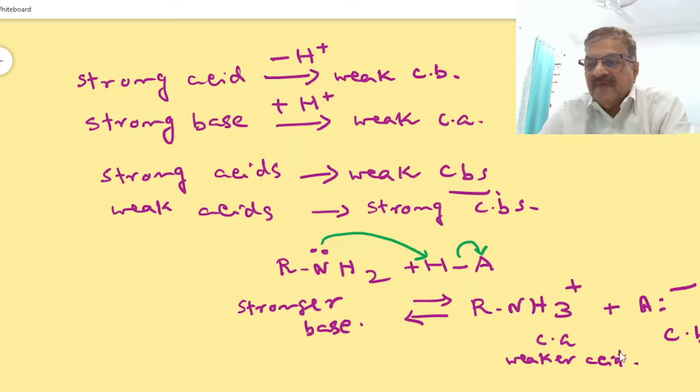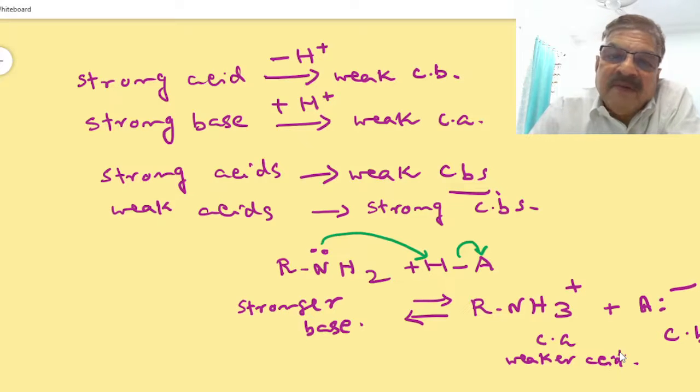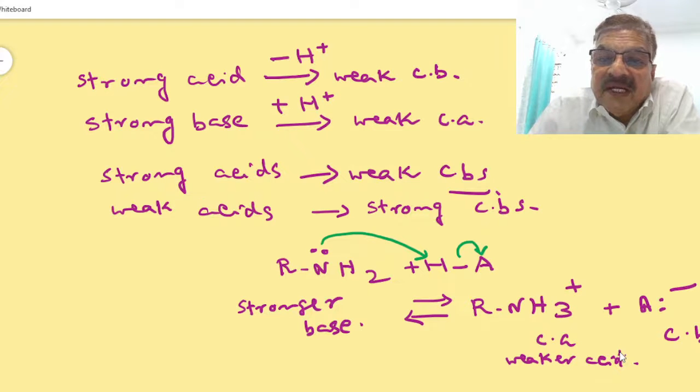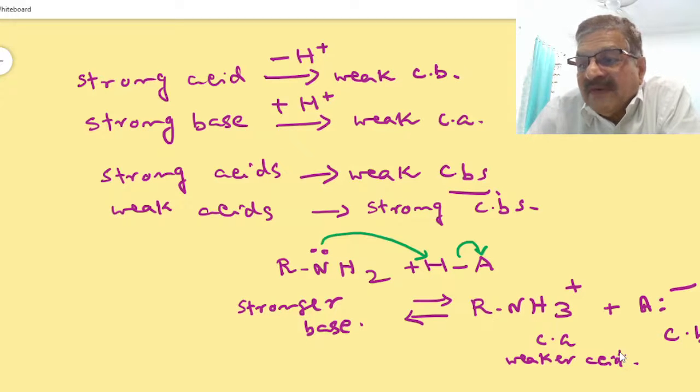Now, weak bases are very stable species. Why? Because they do not readily share their electrons to form bonds with protons. Stable species means their reactivity is controlled; they are not that reactive. Reactivity depends upon the availability of the electrons. The bases should be ready to share those electrons to form bonds with protons.